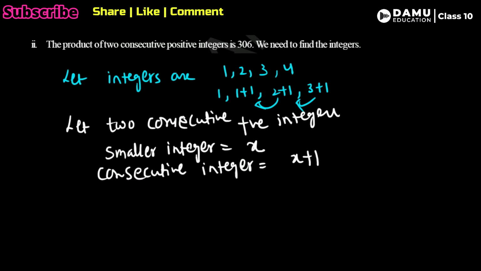What they are asking is the product of the two consecutive integers. So x into x plus 1 will be equal to 306.